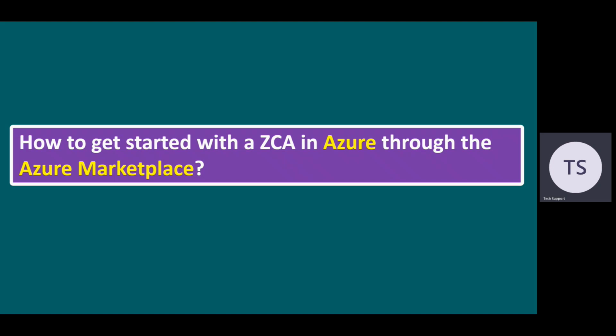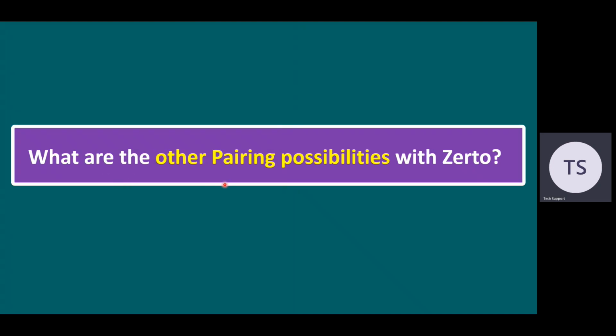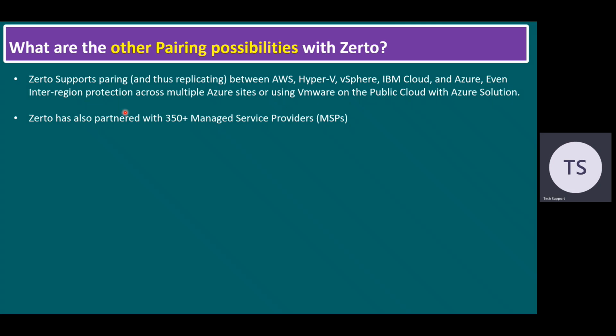Now the next point is, what are the other pairing possibilities with Zerto? Zerto supports pairing. Pairing means replicating, so you can use either the word pairing or replicating between AWS, Hyper-V and vSphere, IBM Cloud, and Azure.